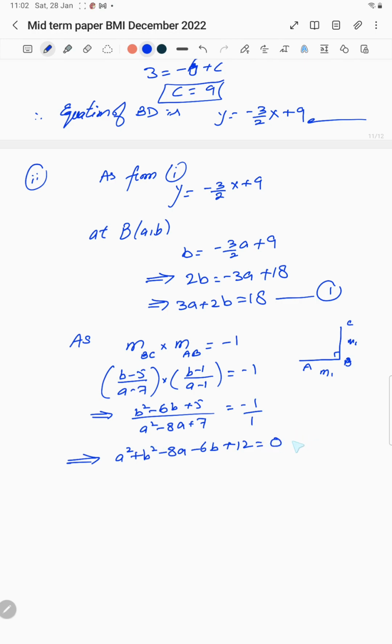This is the final cross multiplication. After simplifying, we get this equation number 2. Now you need to solve these two simultaneously, by solving 1 and 2 simultaneously.